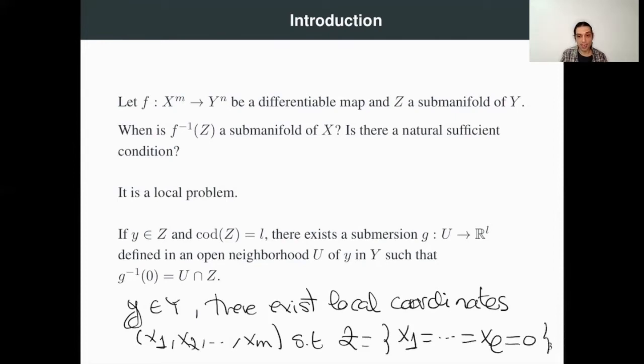We always have that if the codimension of our submanifold is equal to L. And indeed, the function G that we have to consider is the function that sends the vector x1, x2, ..., xm to x1, x2, ..., xL, which is actually the local normal form for a submersion. Okay, that's the situation we are in.